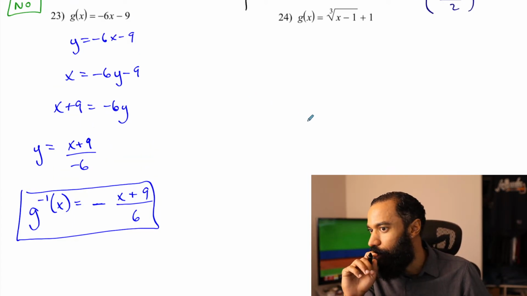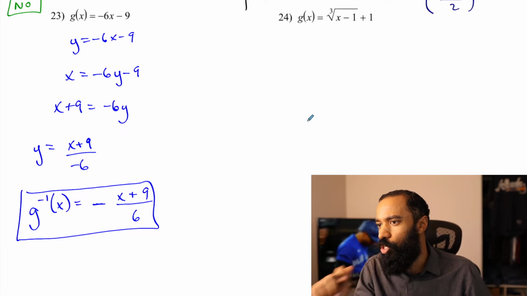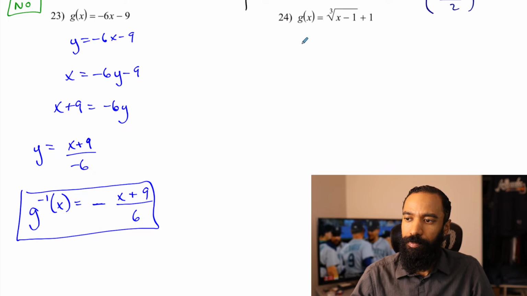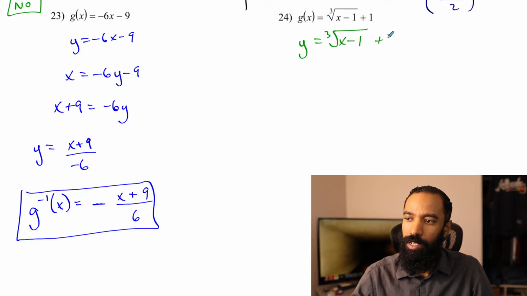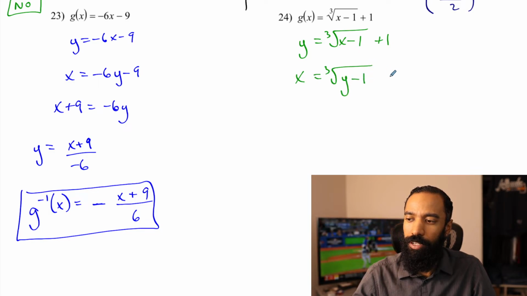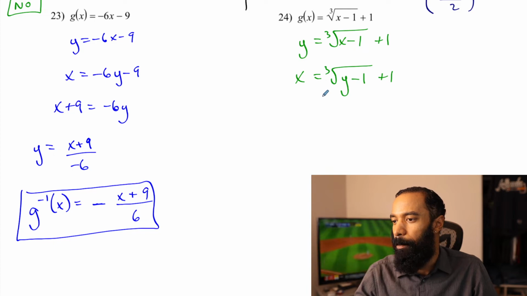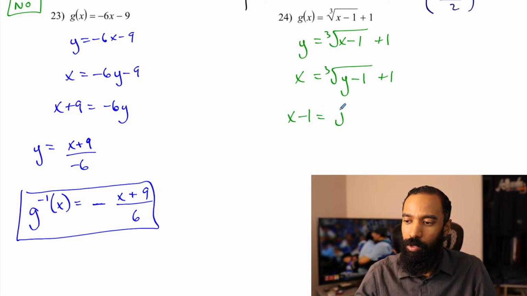That's it. G of x equals, just like the irrational denominator things, g of x equals cube root of x minus 1 plus 1. That's y equals cube root of x minus 1 plus 1. Swap the x and y to take the inverse, and then solve for y all over again. Subtract 1 from both sides. x minus 1 equals cube root of y minus 1.